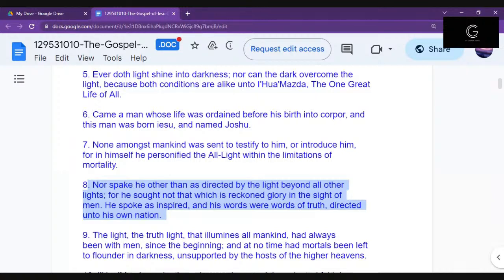Nor spake he other than as directed by the light beyond all other lights, for he sought not that which is reckoned glory in the sight of men. He spoke as inspired, didn't I tell you? He spoke as inspired, and his words were words of truth directed unto his own nation.